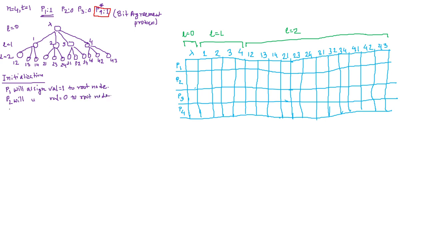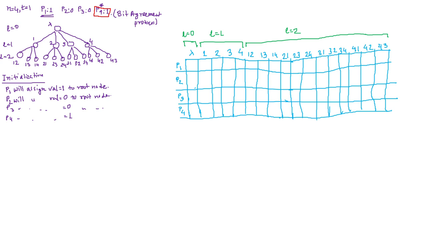Okay. Likewise, P3 will assign value 0 to the root node of its local copy of EIG tree, and P4 will assign 1. Since P4 is actually a corrupt party, it can arbitrarily choose to report any value.